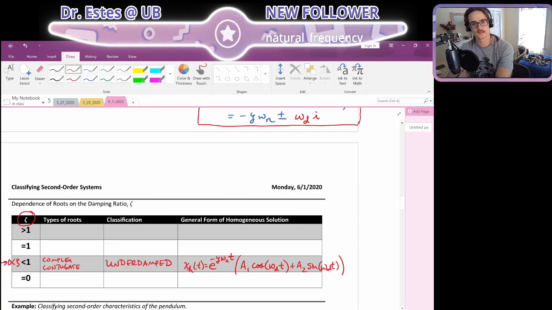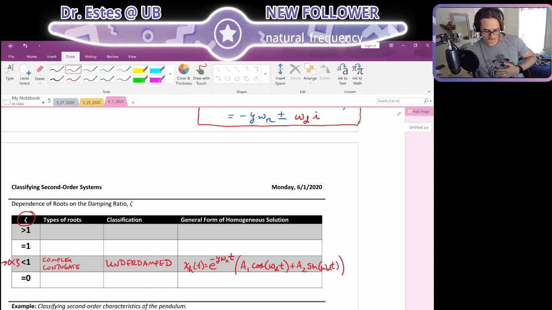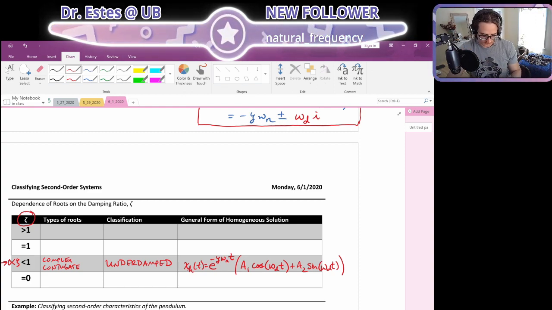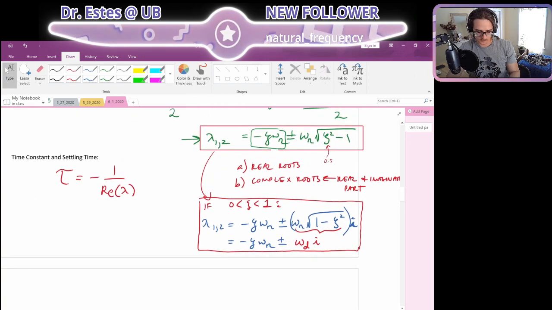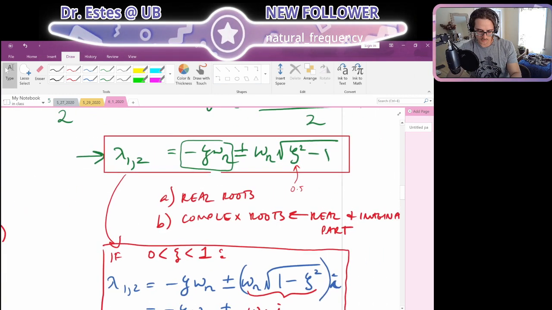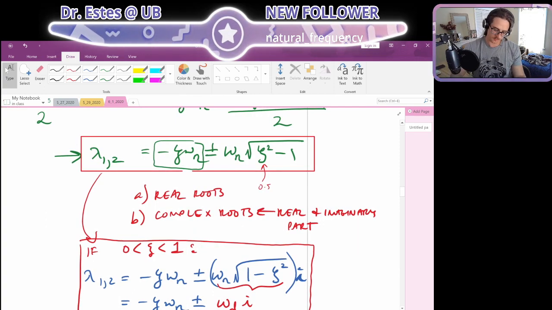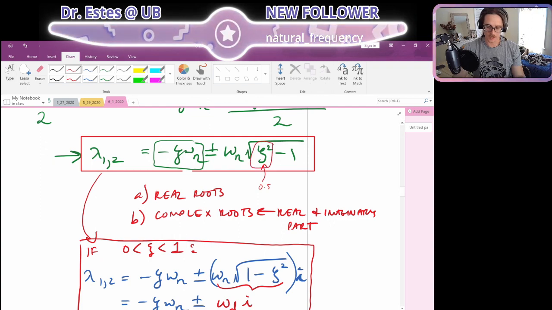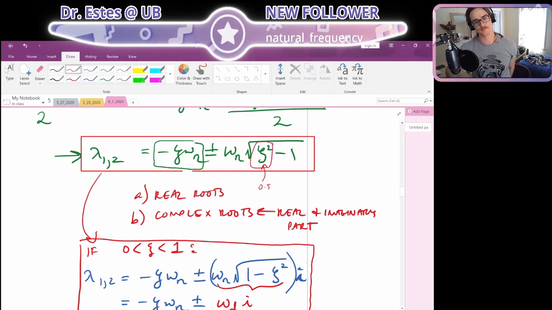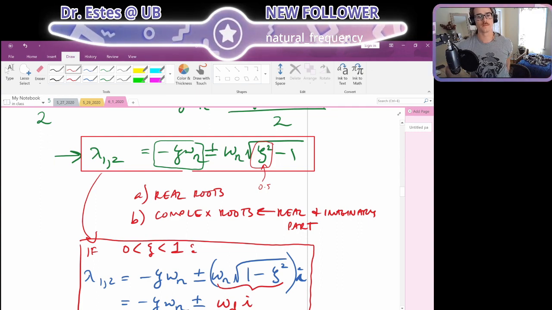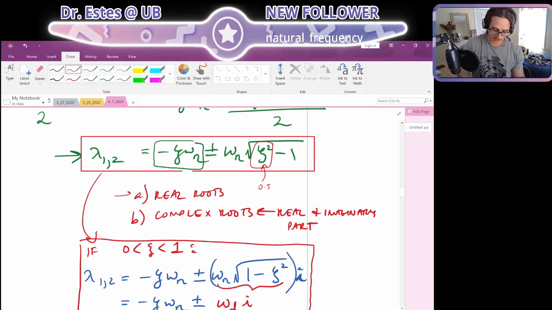Okay, let's keep filling in this table. What happens if zeta is bigger than 1? Do you get A or B?